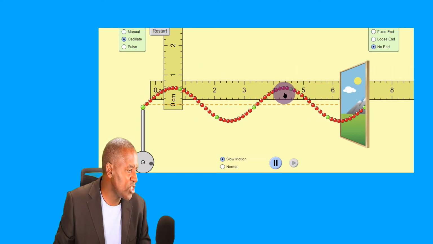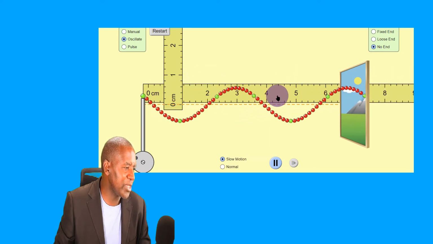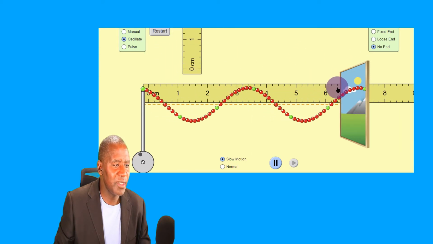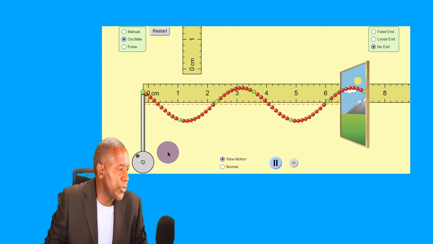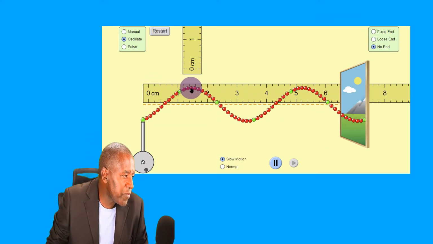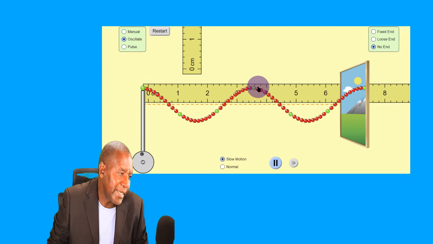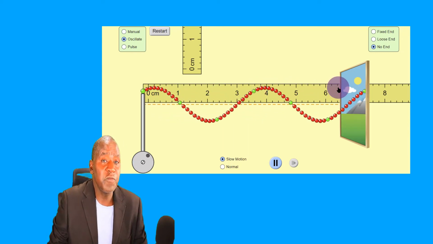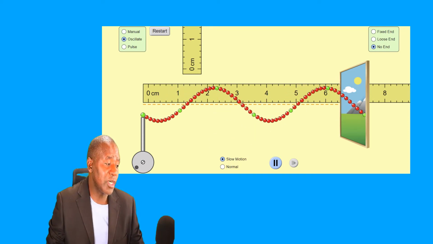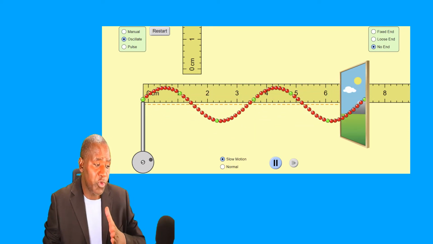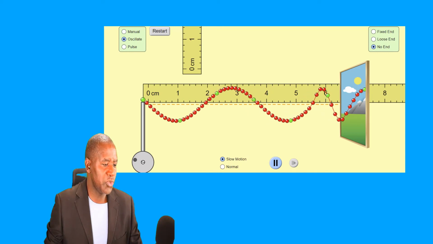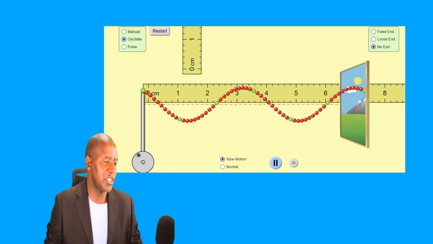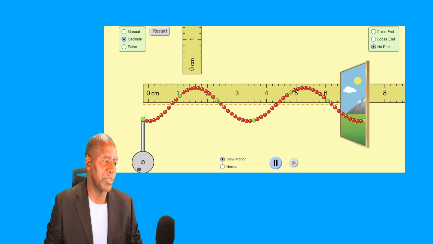So I might want to measure this distance from that point all the way to some other point here. So you can see that this wave profile is traveling like that. We can make it move faster by changing the nature of the medium through which it is traveling, but I'm going to maybe increase the frequency.